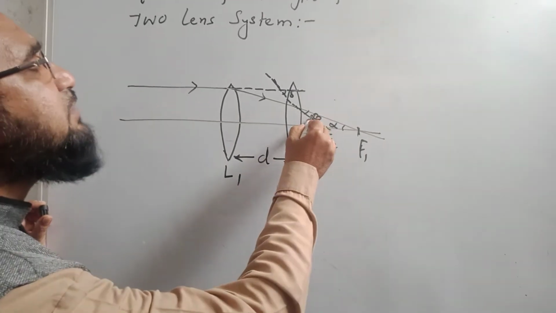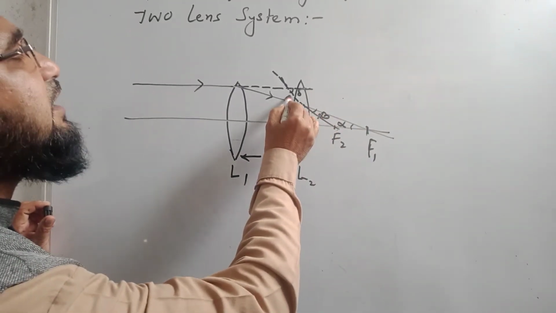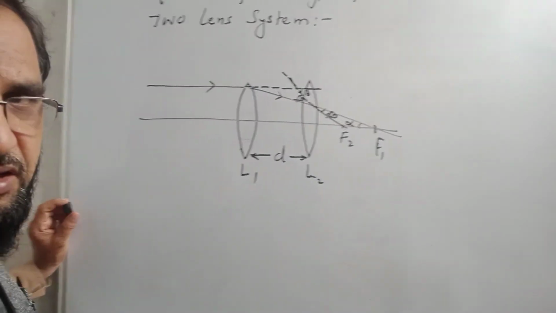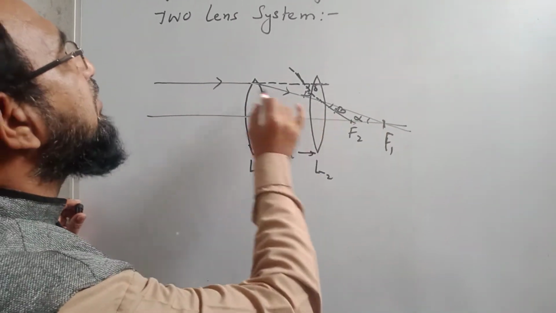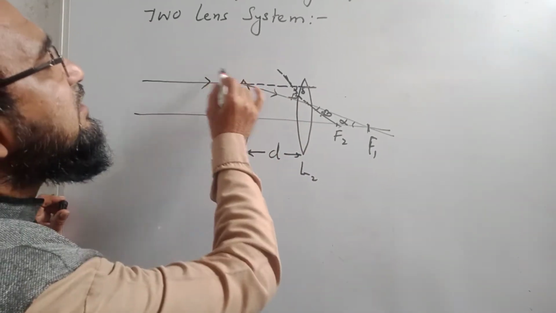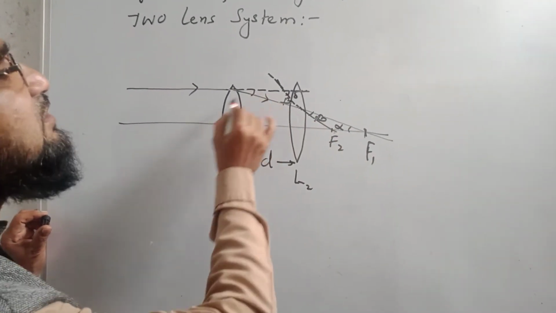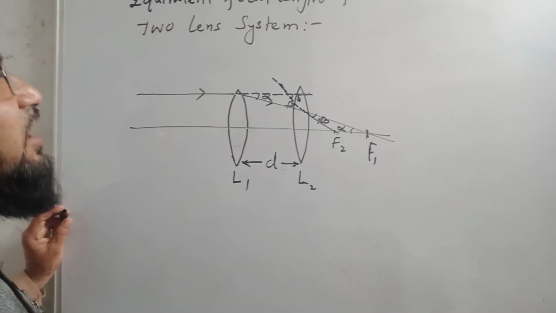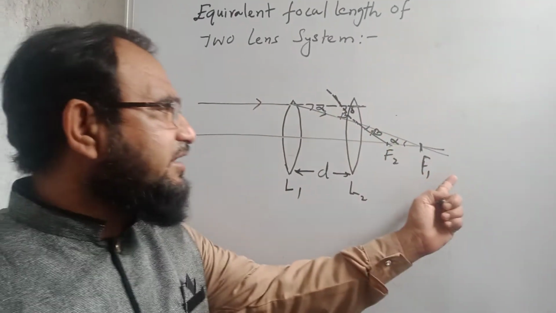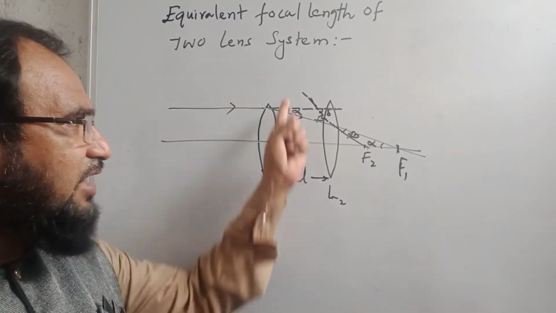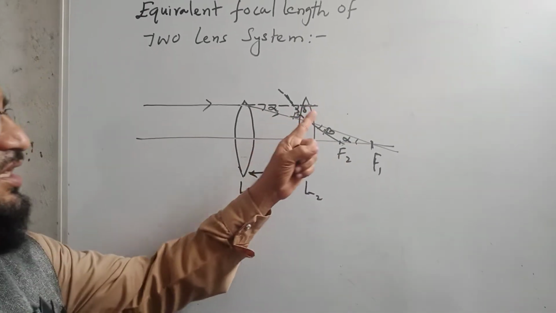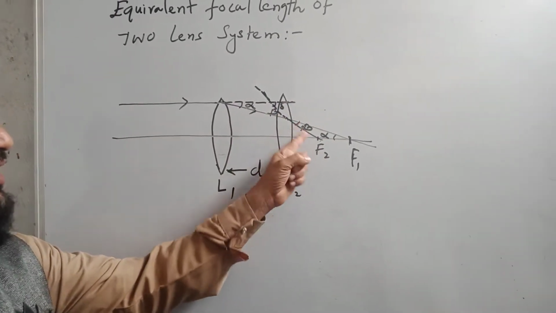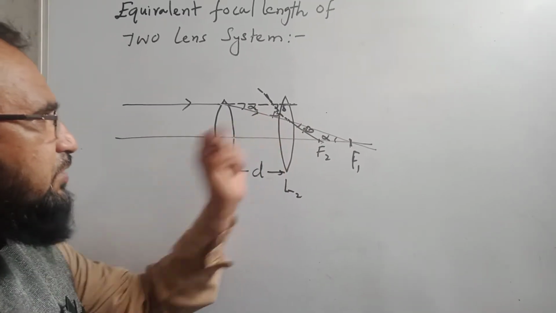If this angle is beta, then the opposite angle is also beta. If this angle is alpha, then because of the parallel lines and this transverse line, this angle is also alpha.